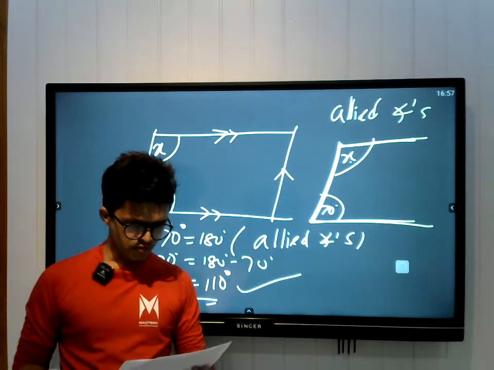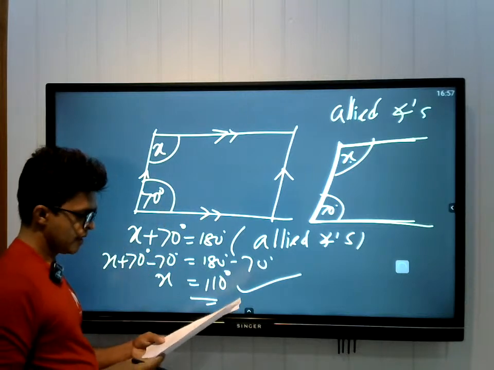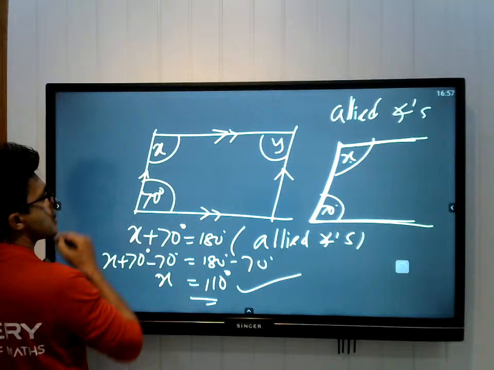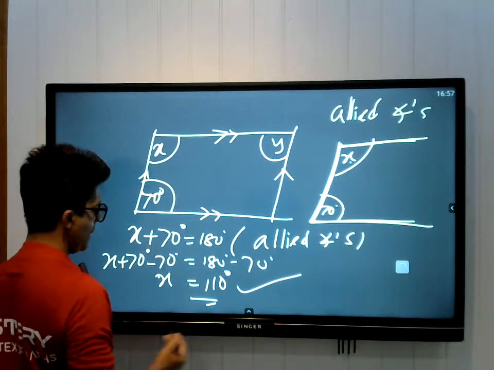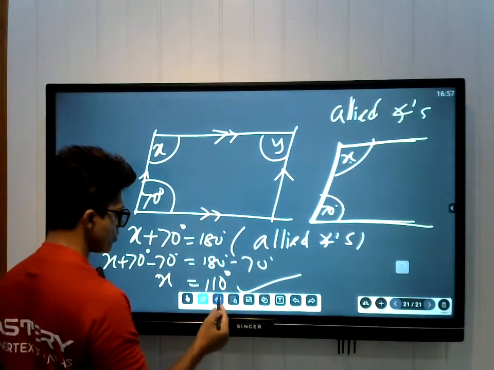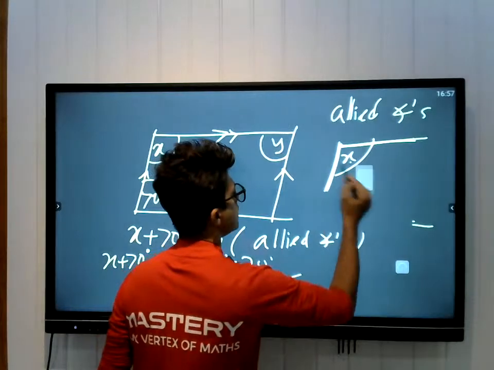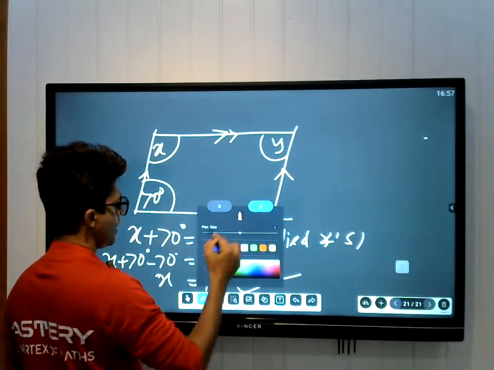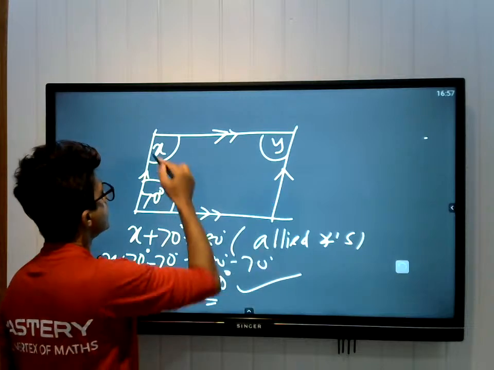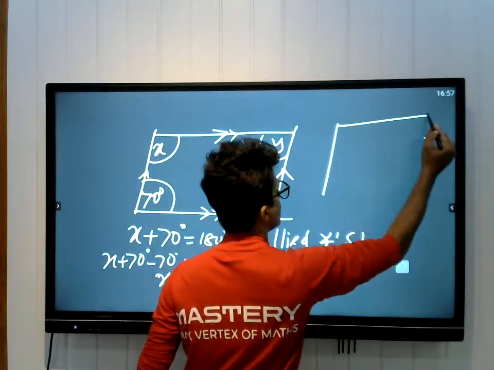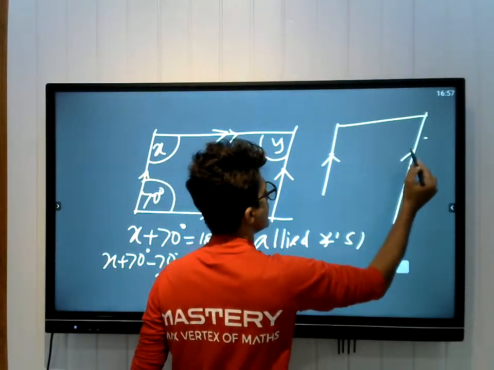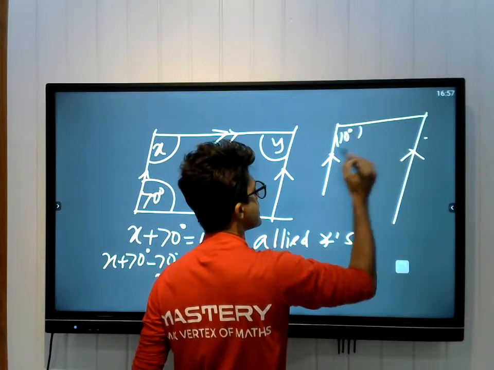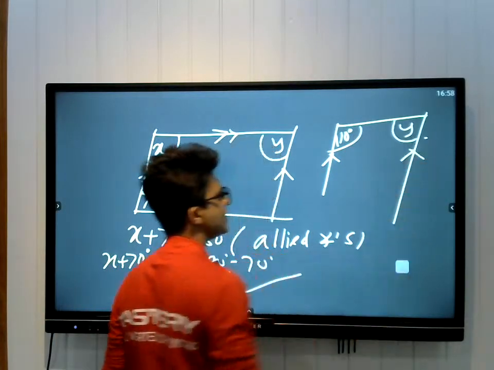What is the value of y? Y also can be found by considering these two angles. We have already taken x as 110 degrees. This is 110 degrees, this is y.